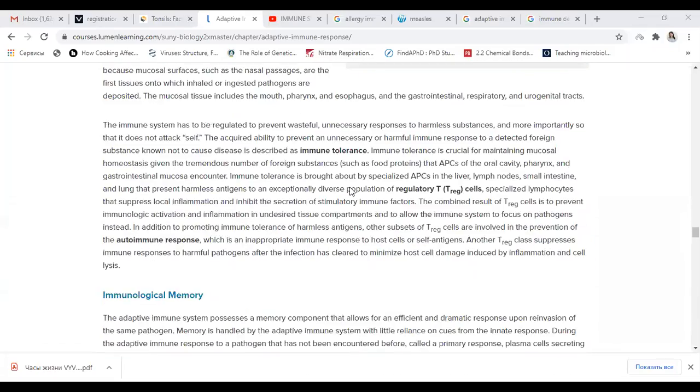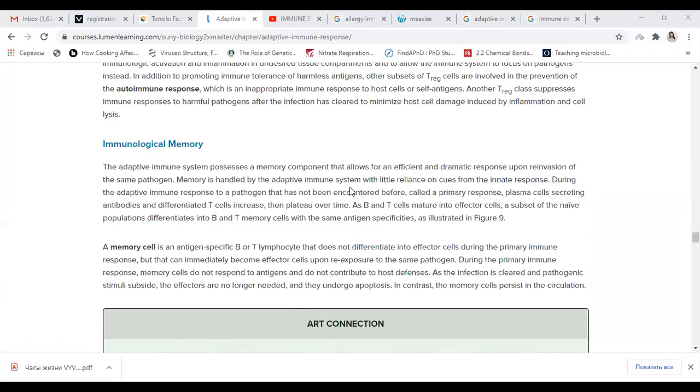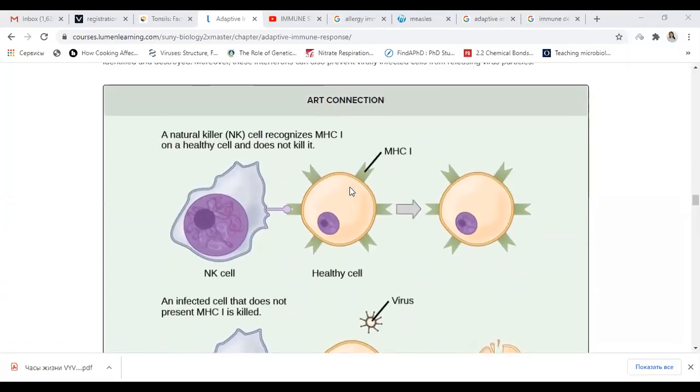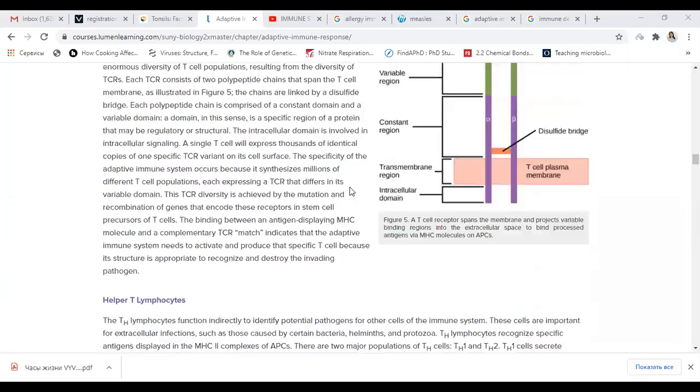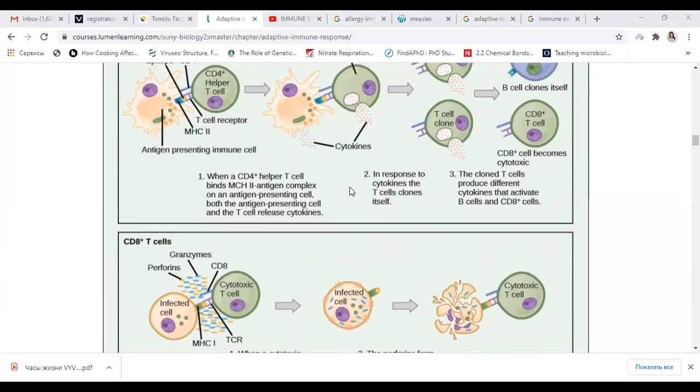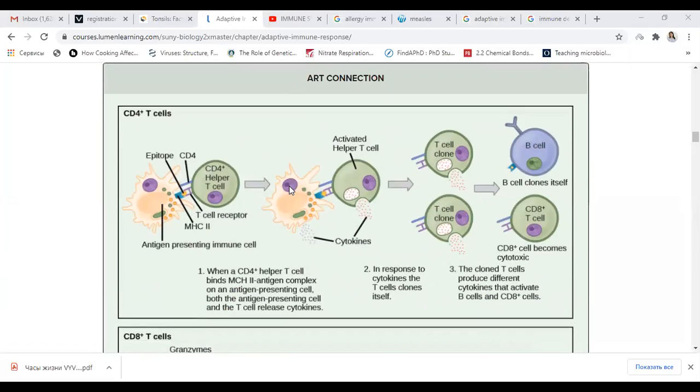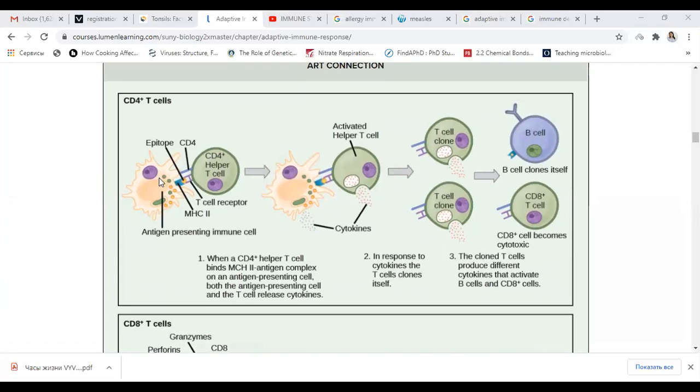I had a nice picture of this. Okay, so this is your antigen presenting cell, your dendritic cell or macrophage. Do you see that? Yes.